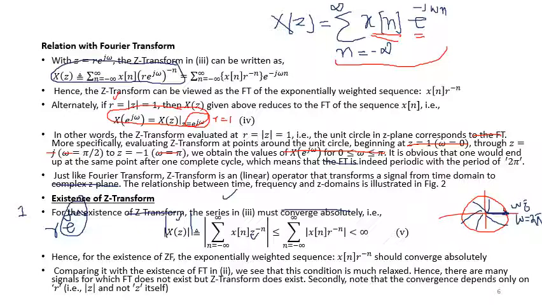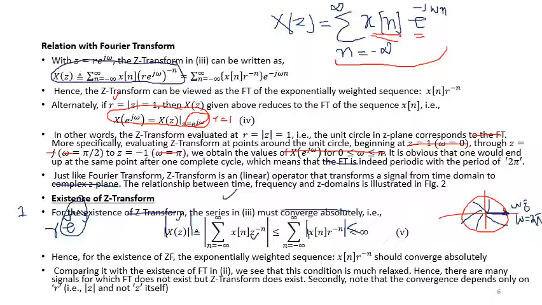So that means we exclude this one, we just straight away write x of n times r power minus n, absolute of this must be finite, or it must be less than infinity, right? So that means it will converge.